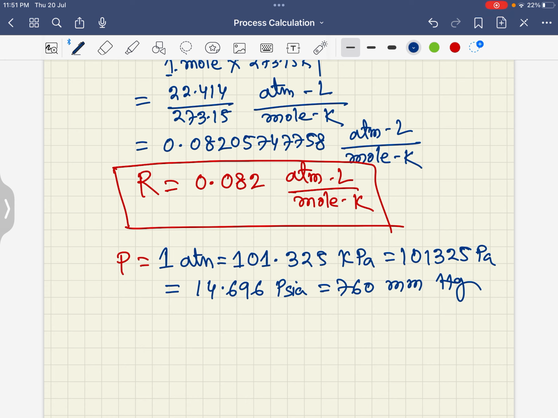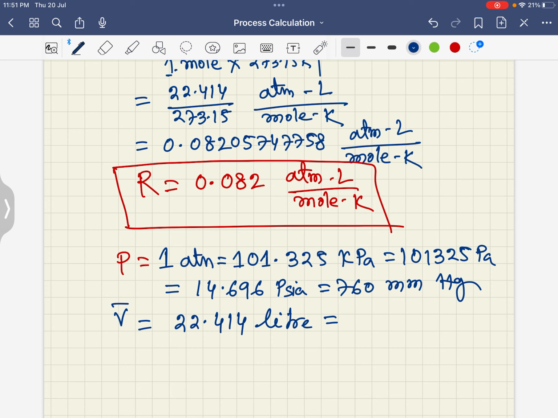Now volume here is, we can take molar volume, so that is 22.414 liter. So that we can change to meter cube. So we know 1 meter cube is equal to what? 1 meter cube is equal to 1000 liter.